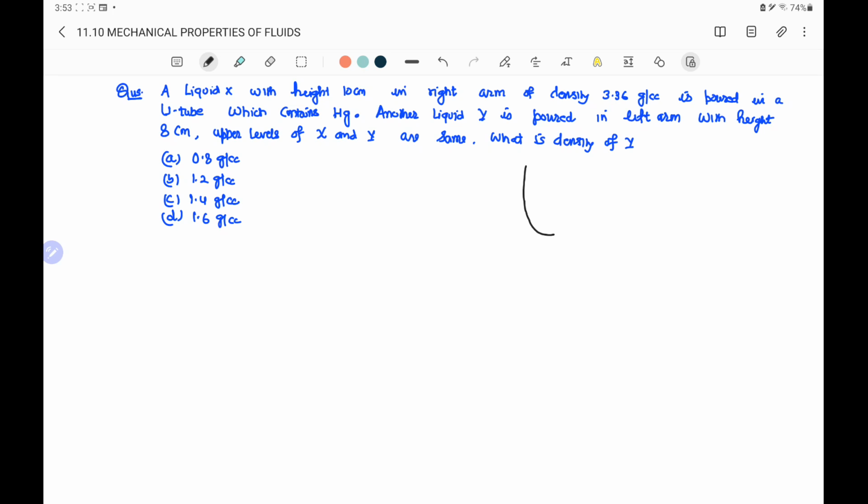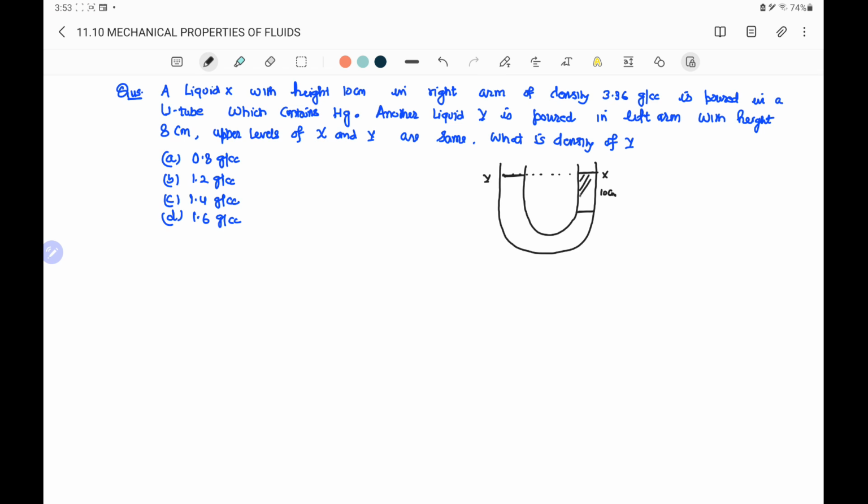First we draw the figure of the U tube. On the right arm, liquid X is poured, and on the left arm, the liquid Y is poured. The upper levels of liquids X and Y are the same, and the height of liquid X is 10 centimeter.